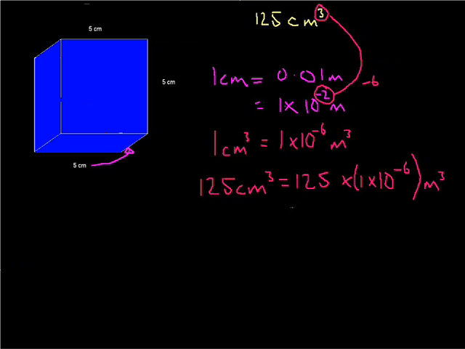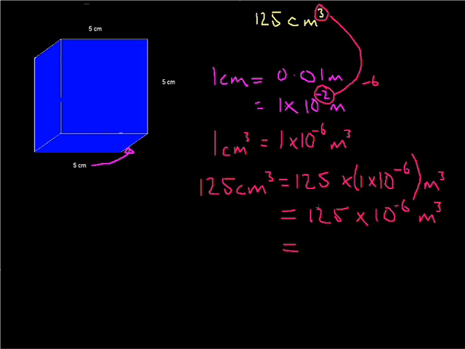Okay, so if we expand out these brackets, what's it give us? It gives 125 times 10 to the minus 6 meters cubed. I've got 1 times 125. What's this in scientific notation? Okay, moving the decimal point up 2.